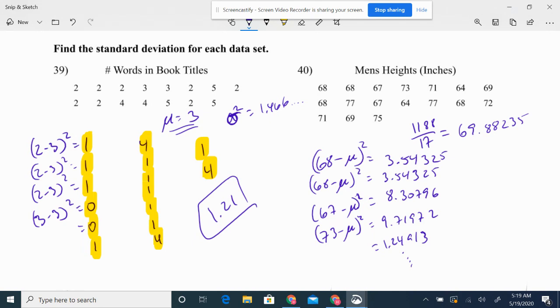I'm going to add them all up and then divide it by 15. That's going to give me 14.4567. Let me get the square root of that. And I'm going to call this 3.80. Just going to have one of these on the test tomorrow.